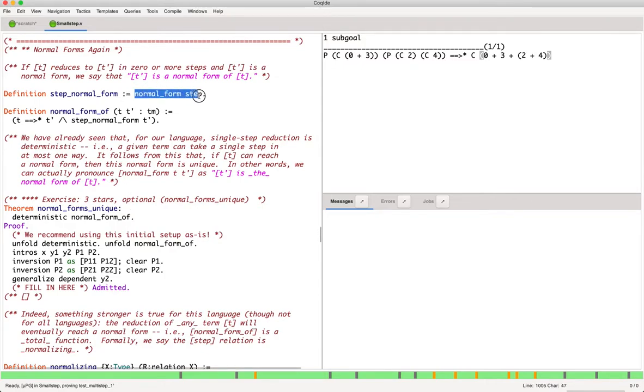In other words, we can't make any more steps from it, but we also have to be able to reach it from the starting point in 0 or more steps.